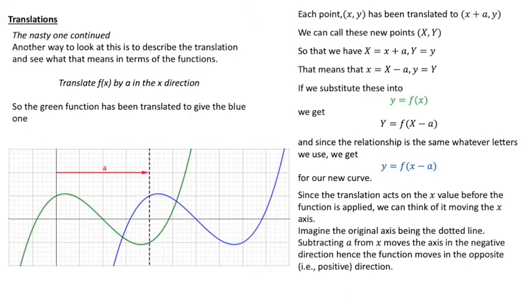So subtracting a from x moves the axis in the negative direction and leaves the function where it is, which has the same effect as moving the function in the positive direction. So we can think of the graph transformation as transforming the axes, and then there is a consequent change to the relationship of the function with the axes. It's all quite difficult, but with lots of practice, it'll make more sense.